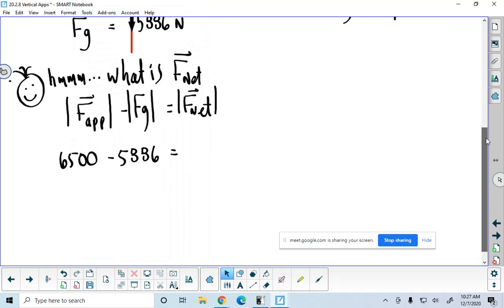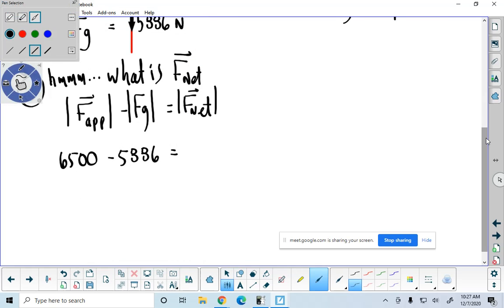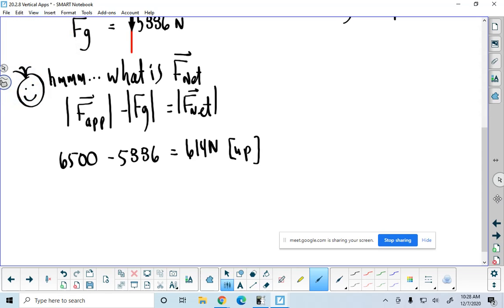The net force is only 614 newtons upwards. So this is what I talk about when I say we don't put positives and negatives in. We just throw in the direction when we need to think about the direction.